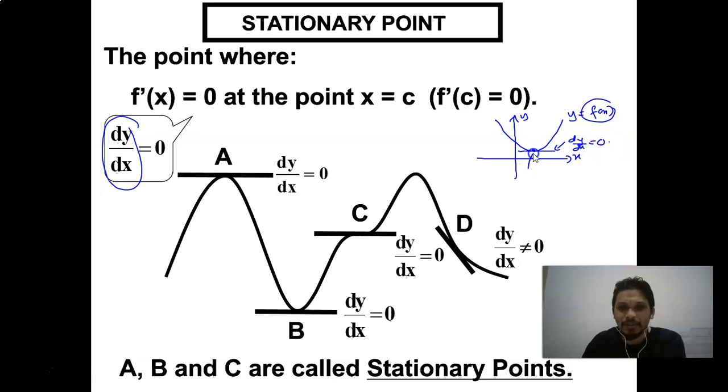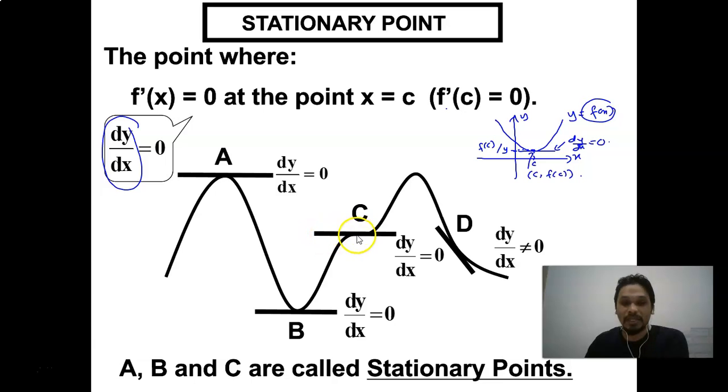At this point, we refer to the x-axis and y, where this is the coordinate of x equal to c, and this is the coordinate of y or f(x) where x equal to c. So this is the coordinate c, f(c), and at this point f prime x is equal to 0.